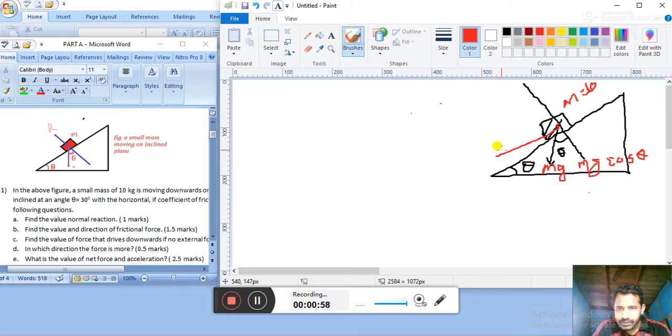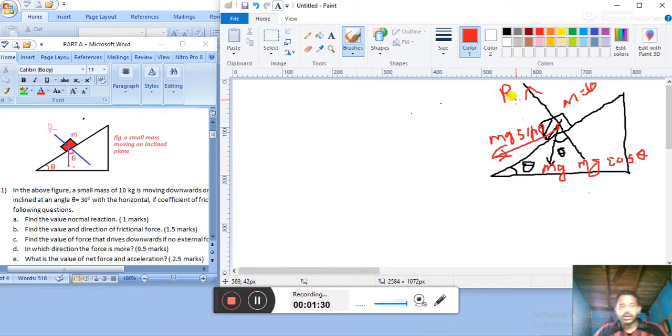Okay, sorry, I should keep this direction in this way. It should be mg sin theta. Now the reaction, or normal reaction, should be this R.